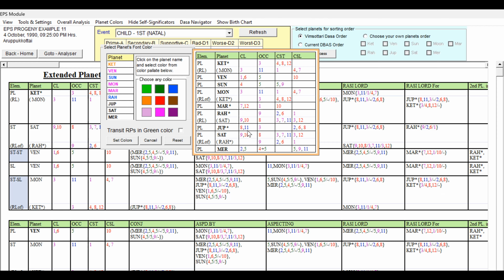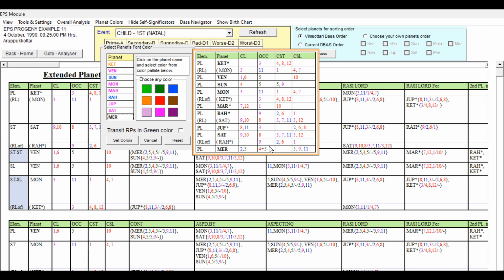And Saturn, 9th lord, 10th lord occupying 8th house, 3, 7, 11 star lord and 3, 12 cuspal sublord. 9, 3, 7, 11 are good, but 10, 8, 12 cuspal sublord is weak, so Saturn also mixed. And Mercury, 2, 5, 4, 5 and 5, 9, 11.